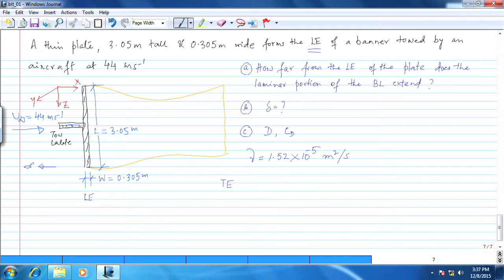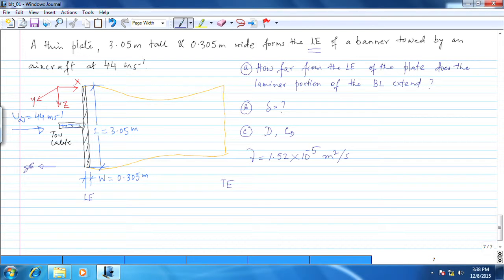So, the incoming velocity is 44 meters per second, and it's in this direction. That's the free stream. Okay.